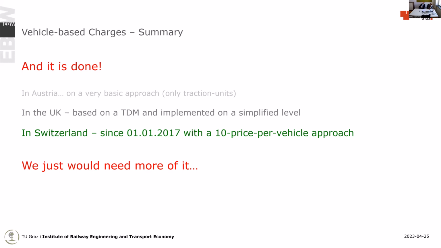We have one very interesting application in track access charging, where we could see that this also steers on another level. That was the noise charging, which was applied in Switzerland very early, while the European Union, with all their processes, needed 10 more years to come up with noise charging for freight wagons.